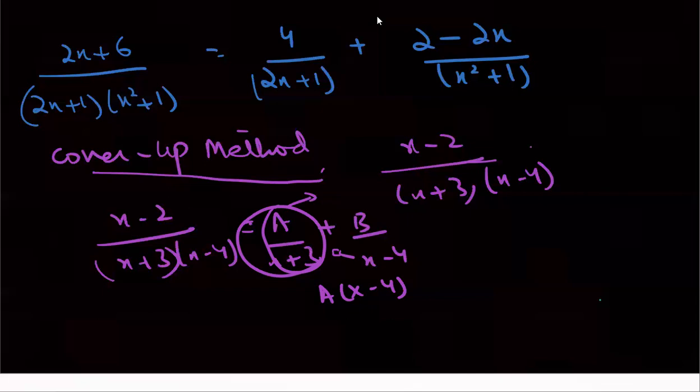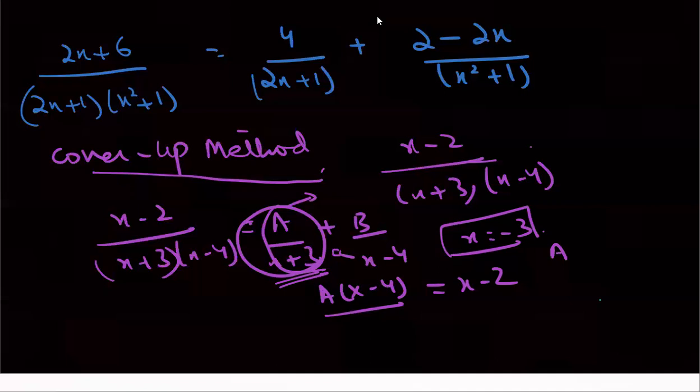A(x minus 4), and substituting the value of x equals minus 3, I would have solved it like this.